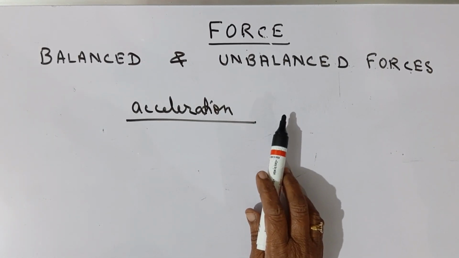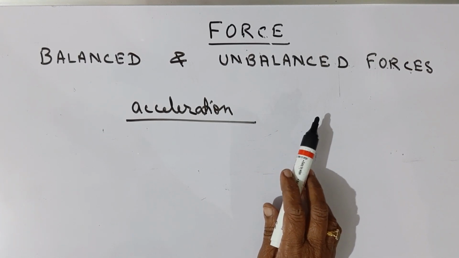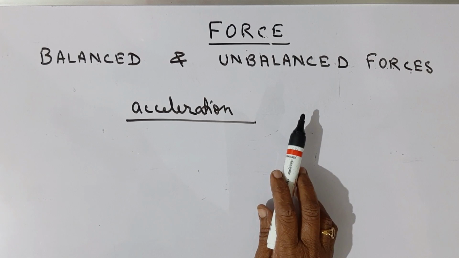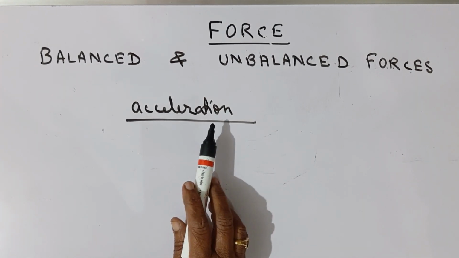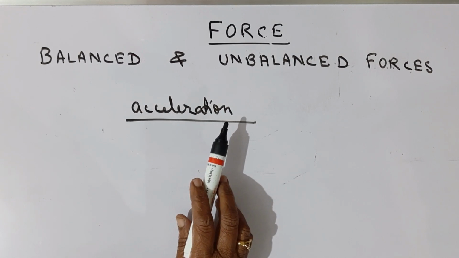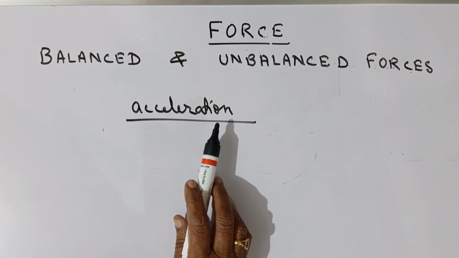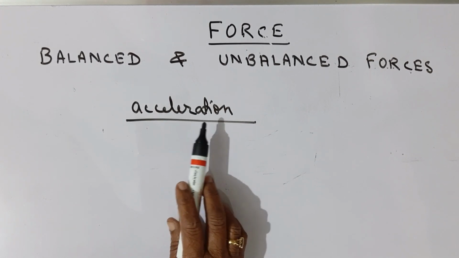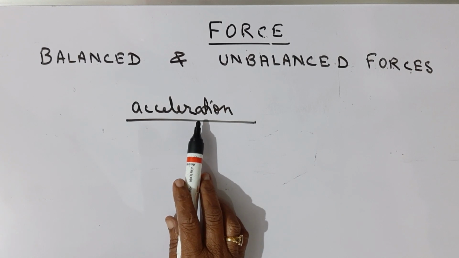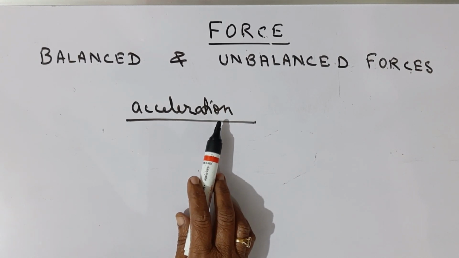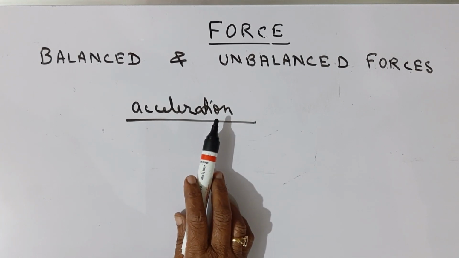Either a body at rest starts to be in motion, or it stops, or there is a change in its direction. Either the speed increases or the speed decreases. So the effect of the force may be described as the production of an acceleration. Whether an acceleration is produced or not, that will be the effect of the force.